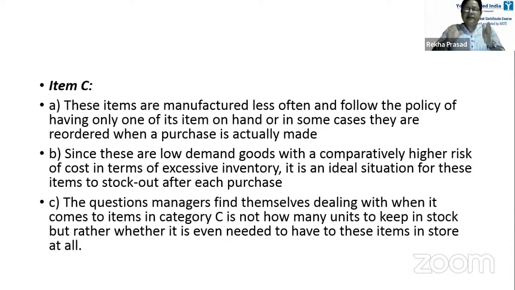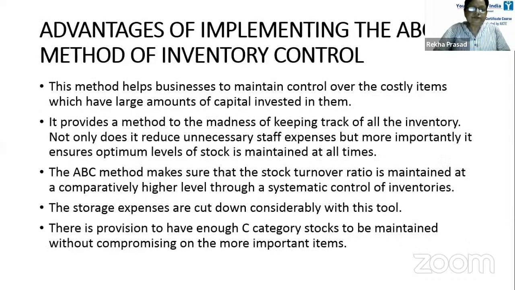In middle, it is in between. And C, the price will be very low, but the quantity will be high. So in this method, naturally, you can now focus on those items which are costlier because a lot of capital has been invested, but they are smaller in number.